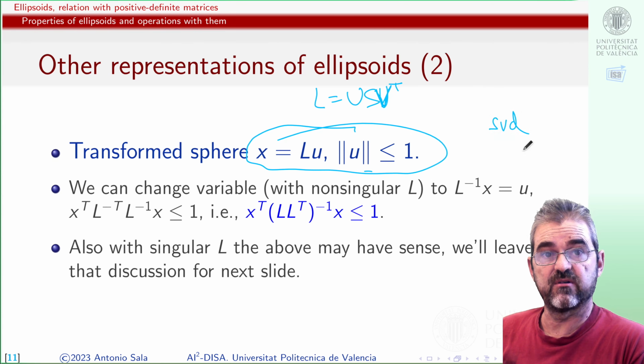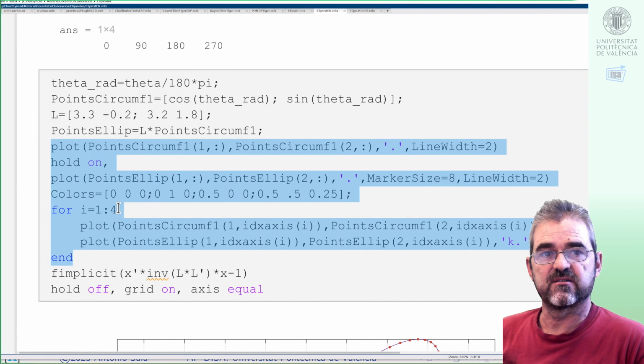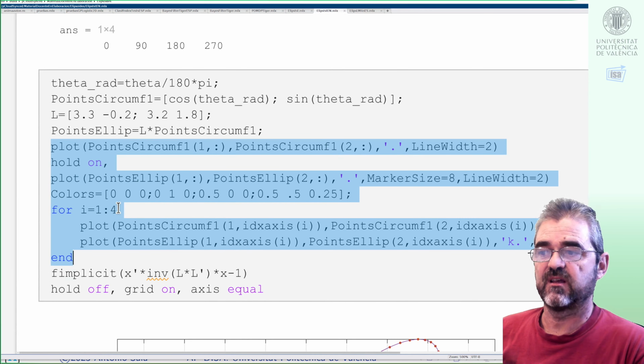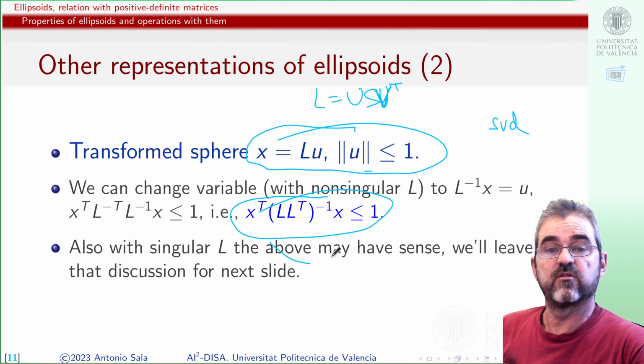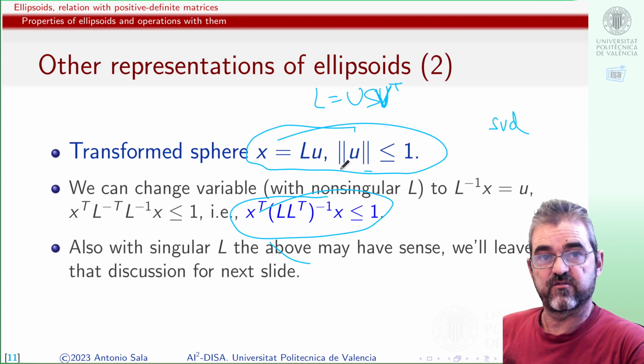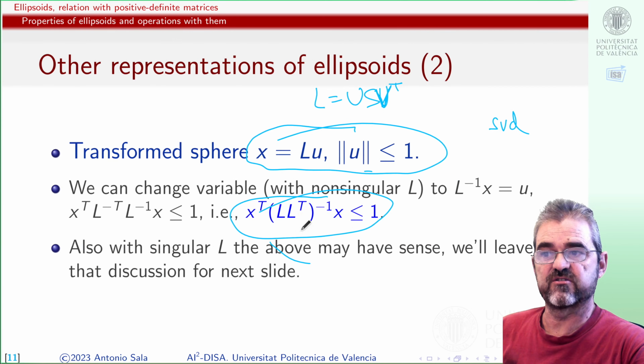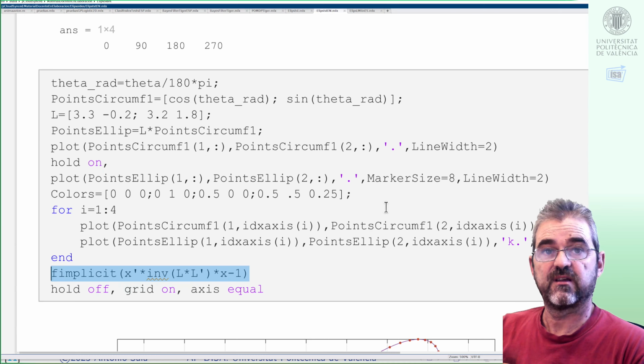This is just cosmetic, plotting the circumference, the ellipse, and the 4 points in the coordinate axis and its image. And this line is the one that represents the ellipsoid via a quadratic form to check that it's indeed the same as via a linear transformation of the sphere. So the inverse of L transposed is what I am using here.